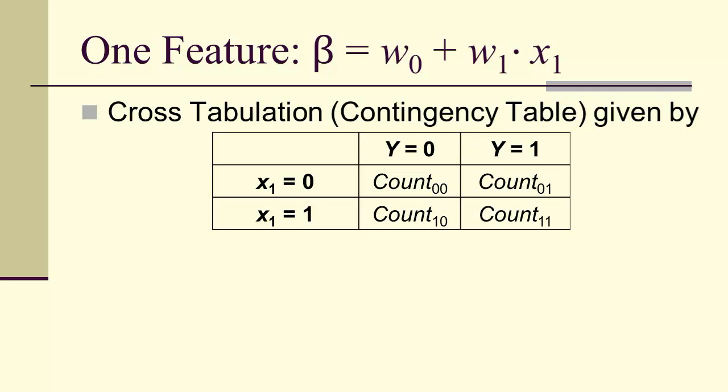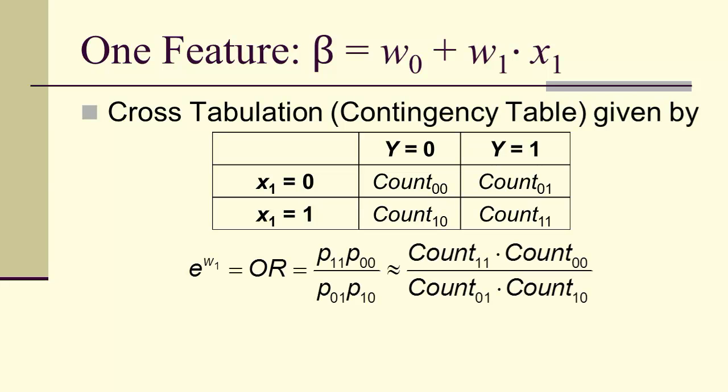Now let's go back to our cross-tabulation or contingency table. We have y is 0 or y is 1 and x1 0, x1 1. We get the counts, and the odds ratio is P11 P00 over P01 P10 in the denominator.